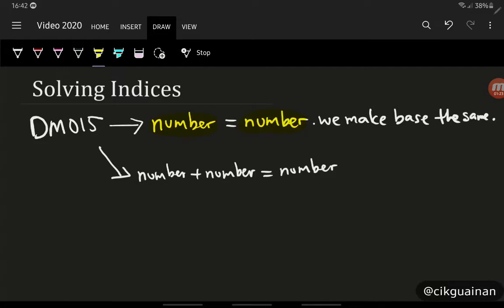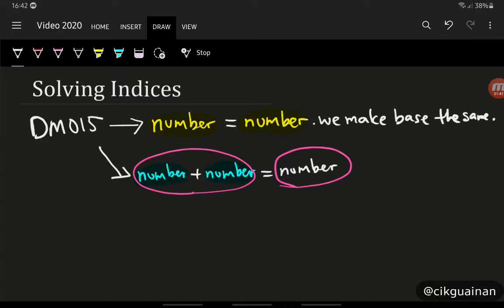But the second one, we have one number plus another number. So on one side, we have two terms equal one term on the right hand side. This kind we cannot solve like the first one. We cannot make the base the same. Even if we make it the same, we cannot solve it.